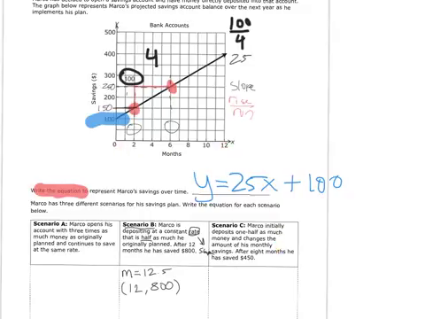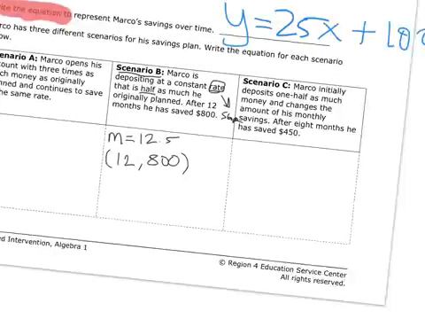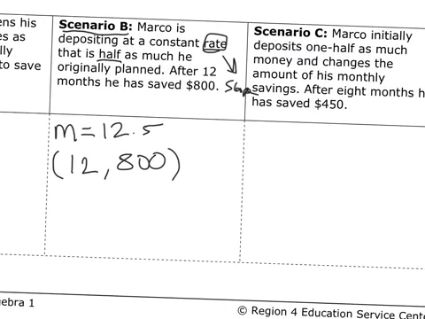With scenario B, I make it to $800 after 12 months, and I only give $12.50 a month. Do you guys think I started at $100? Probably not. So I don't know my starting value for B. That means that we probably are not going to use y equals mx plus b, because I don't know b. I've got to figure it out.